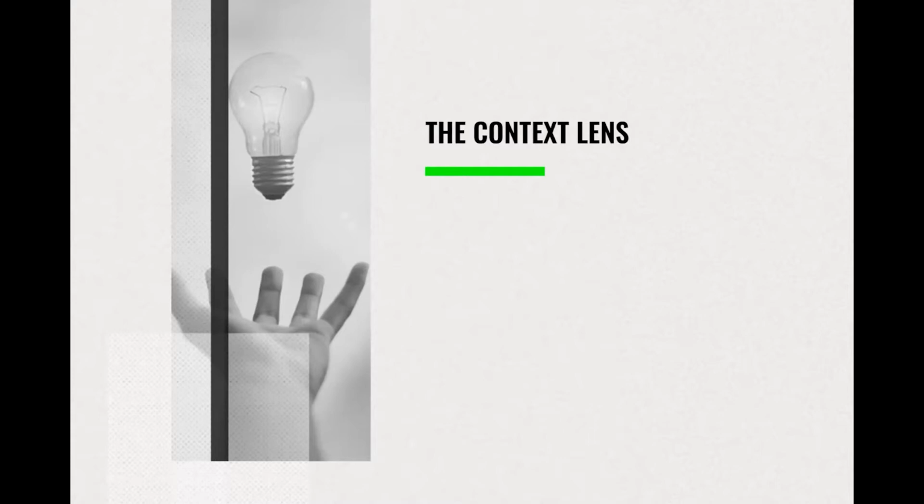And the third point here for the context lens is, is there anything happening in their lives that you should be paying attention to? What is the wider context? A very clear, obvious case that will resonate with all of us is COVID. When COVID came along and beat up the world, a lot of things changed. Unfortunately, a lot of brands just sent out the same messaging, the same ads that they had been doing for years.